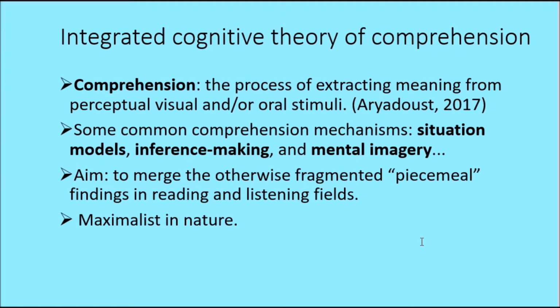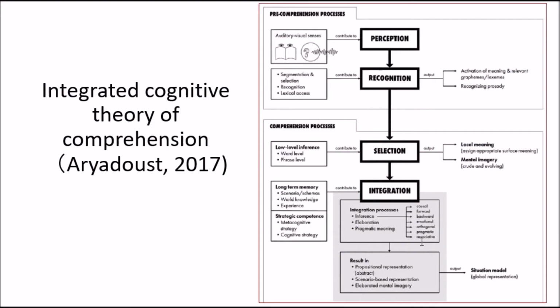So I would like to present the schematic representation of the model to you here. As you see, there are two stages highlighted in this model. One of them is perception and recognition, that's stage one, and the other is the comprehension stage.